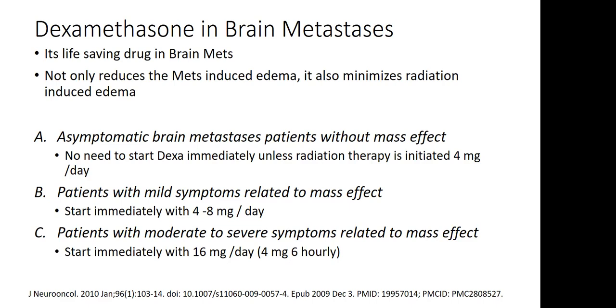We select our patients. For example, if the patient is asymptomatic, we don't even prescribe DEXA unless we are starting a treatment. Because if the patient is asymptomatic and we start radiation, the edema is exaggerated with the radiation whenever we treat. So in an asymptomatic patient, we always prescribe dexamethasone only during the treatment.